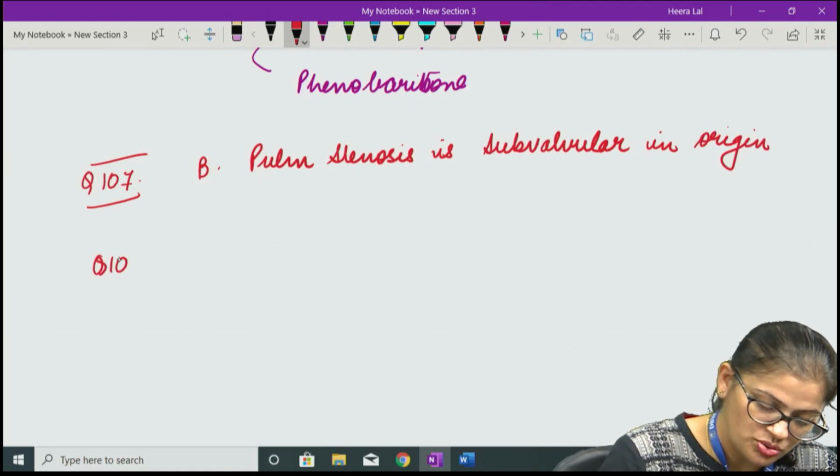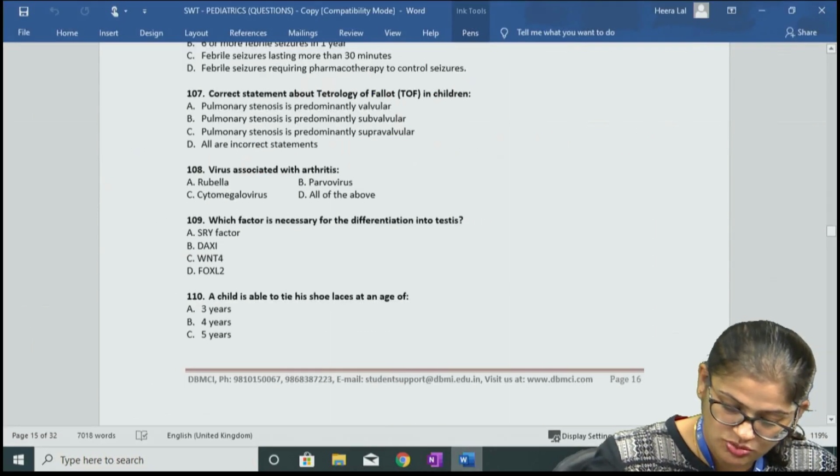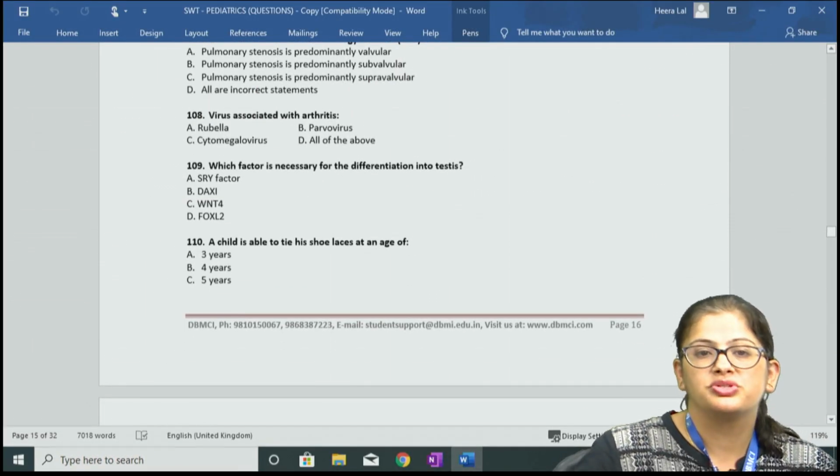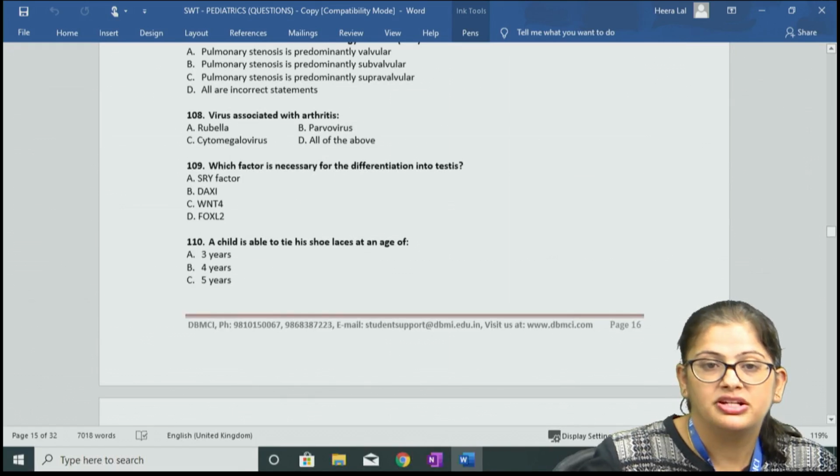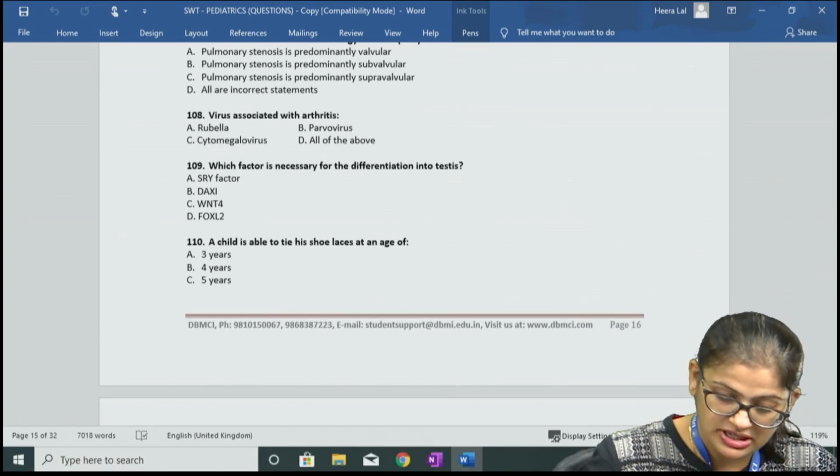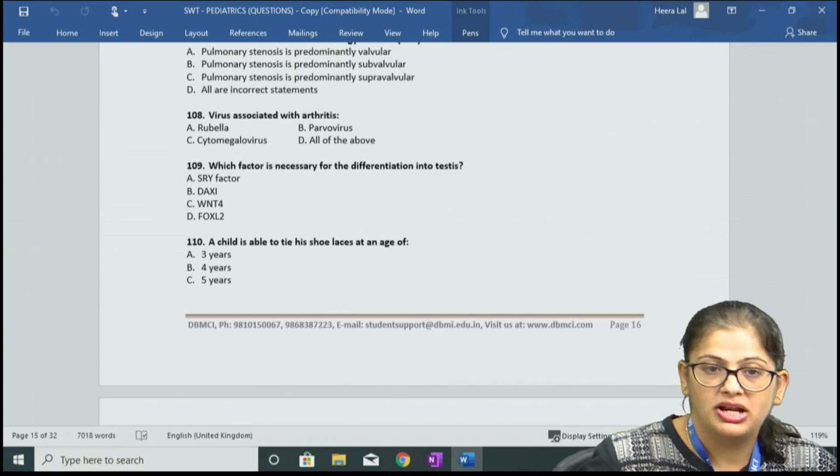So next we come on to question number 108, and question number 108 was, virus associated with arthritis is, and the correct answer is option number D, that is all of the above. So rubella, cytomegalovirus and parvovirus all are known to cause arthritis.